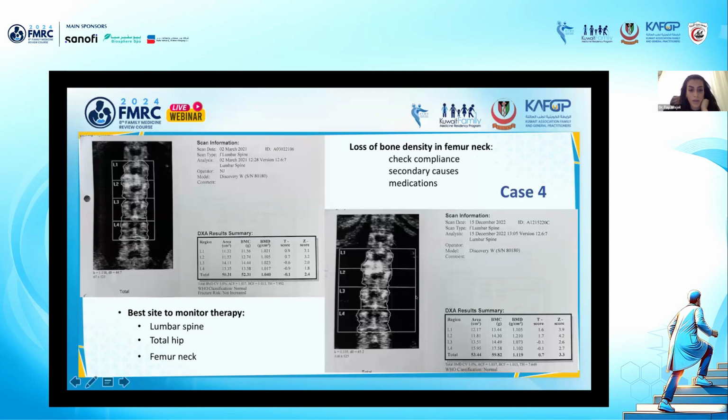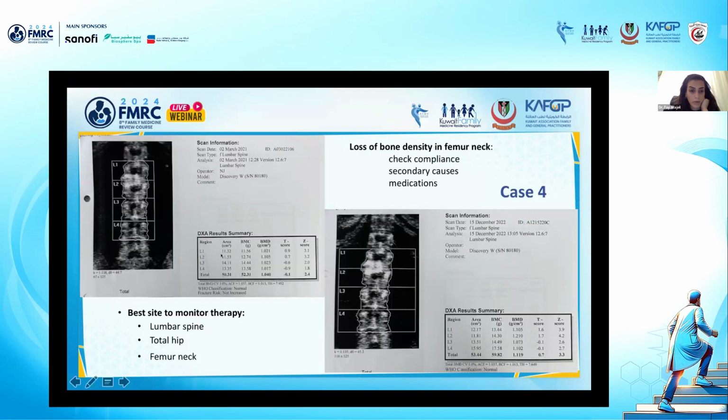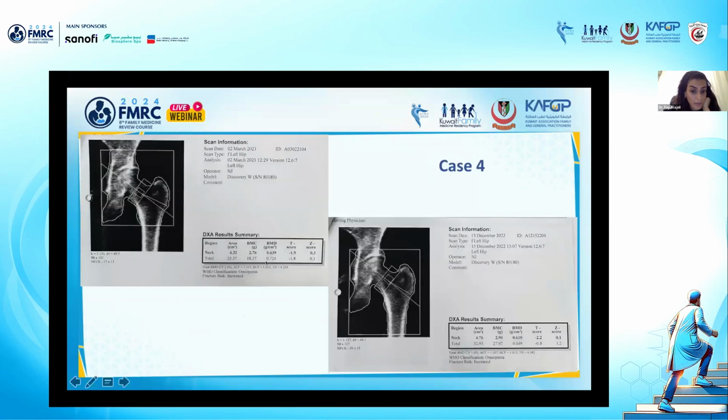Okay, moving on to the hip. As we said, you check the total hip first. The total hip BMD, and not the T-score, was 0.724. When she came back in December 2022, it was 0.849. Is there an improvement? Yes.